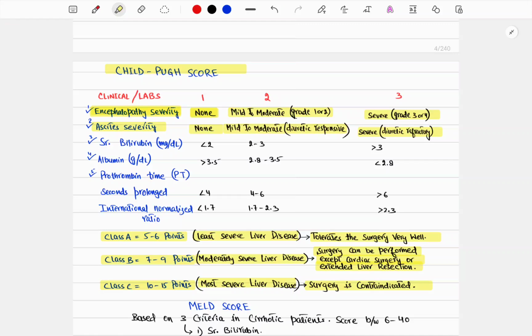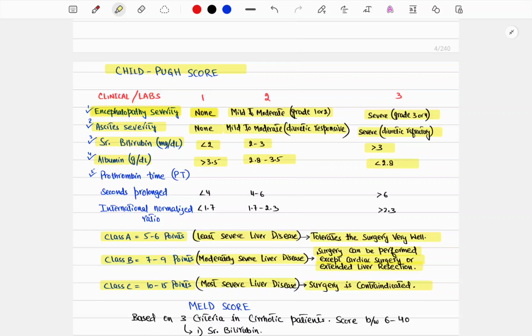Similarly, serum bilirubin: if it is less than 2 mg per deciliter, 2 to 3 mg per deciliter, or greater than 3 mg per deciliter, we give the score accordingly. Similarly, there is the serum albumin level, which is measured in grams per deciliter. If it's greater than 3.5 grams, it's given 1. If it's 2.8 to 3.5 grams, it's given 2.